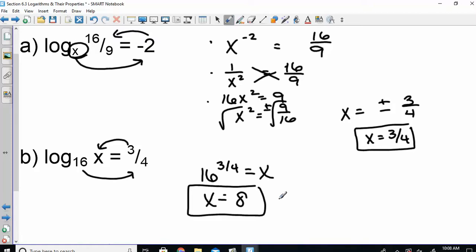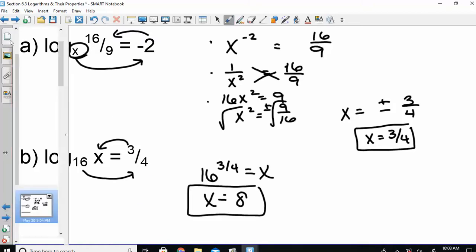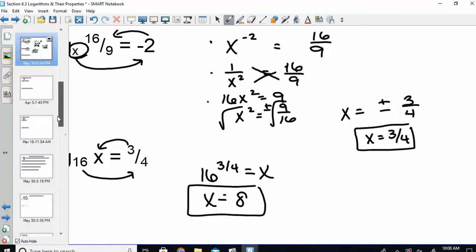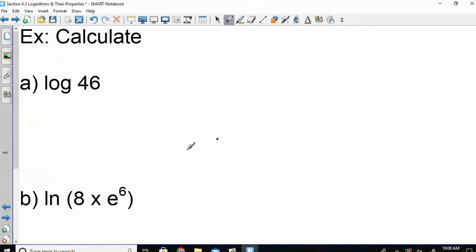So the next thing I want to mention is when you can and cannot use your calculator. We will have some problems where we can evaluate on our calculator. You'll notice if I just give you a log and I don't write the base, it's assumed to be base 10, which is the same as the log button you see on the calculator.